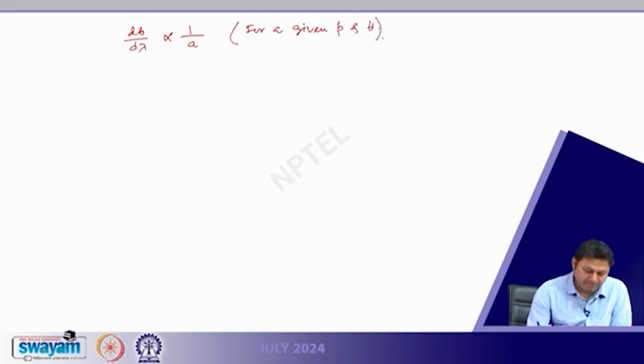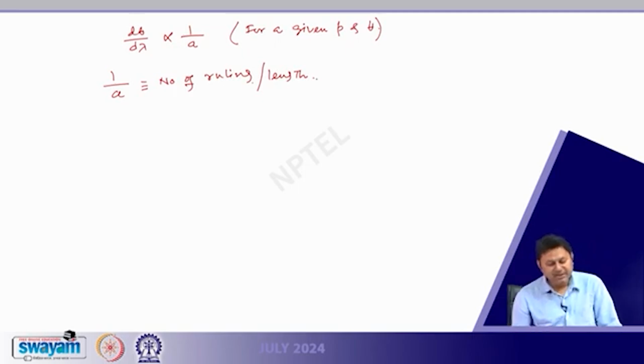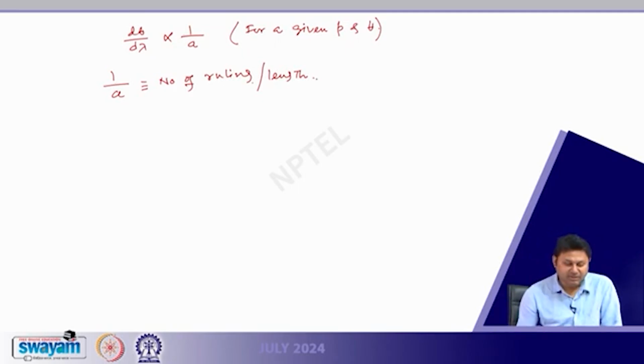So, what is 1 by A? 1 by A is essentially number of ruling per length. Typically, the grating has a ruling per millimeter, few hundreds or few thousands. So, if the number is high, then the resolving power of the grating should also be high.